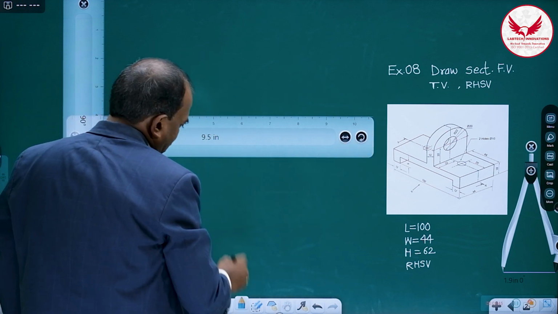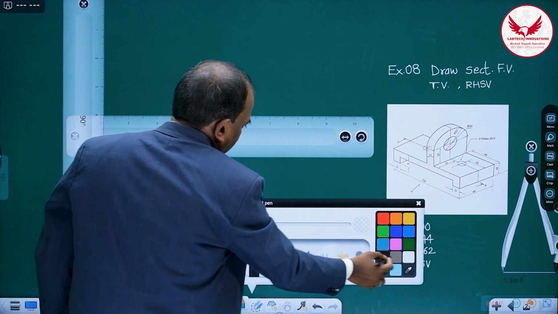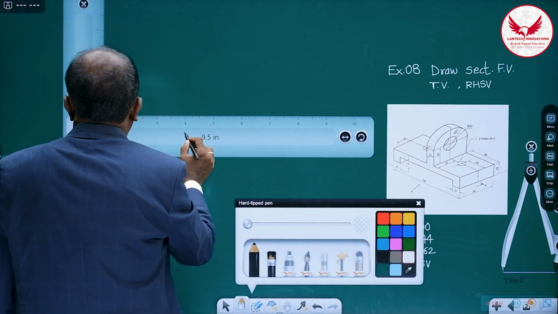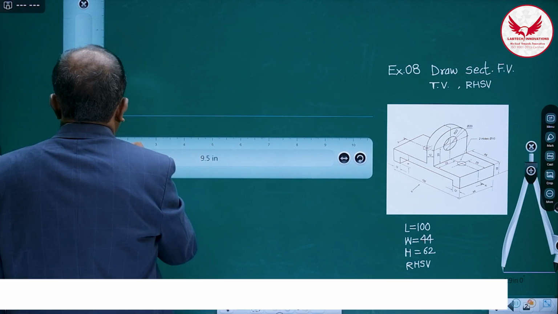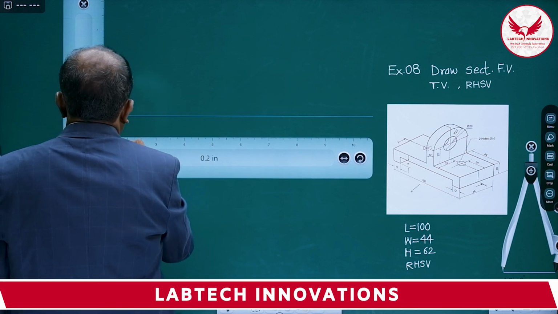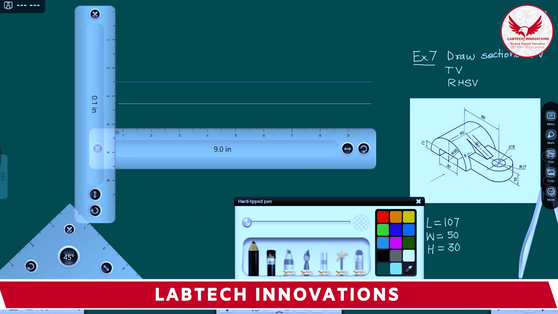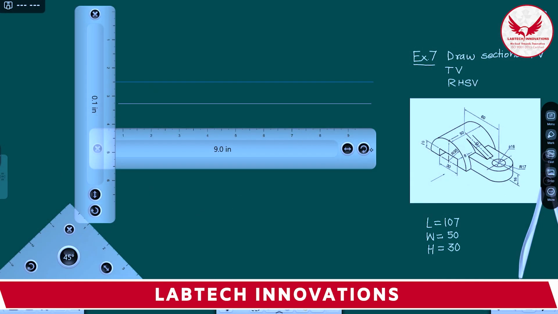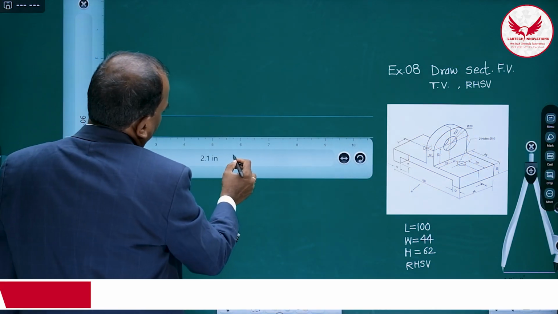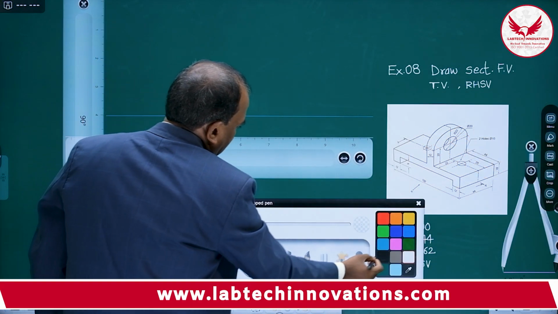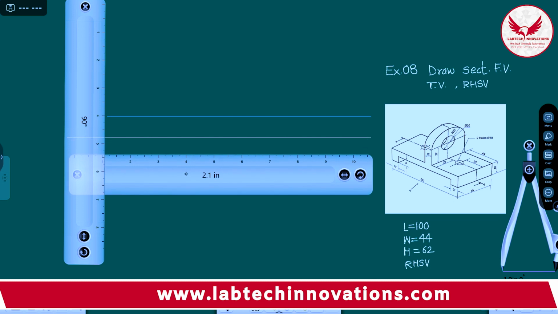Then after that, below it, at a gap of around 15 to 20, we have to mark the second line, which is going to be a dark one.